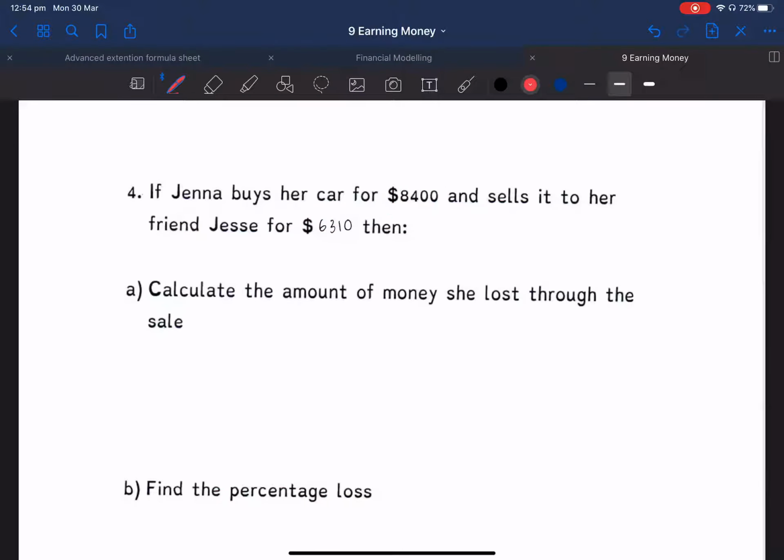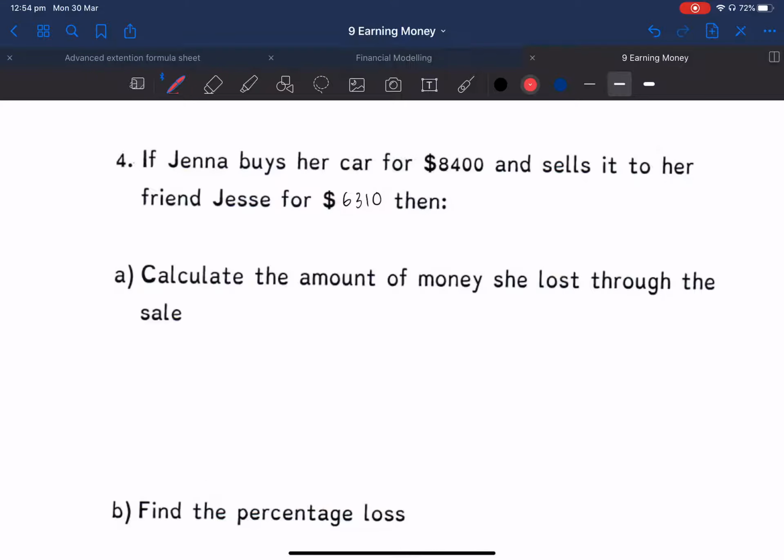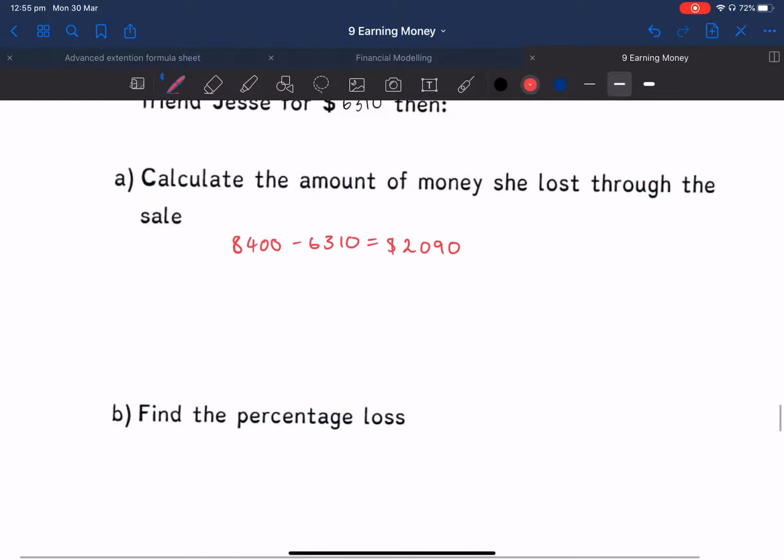Maybe she got a few years out of it, okay, but the question doesn't give us that. So what we need to figure out is it started at 8,400, take away this new sale price, and we're going to get an answer of $2,090.